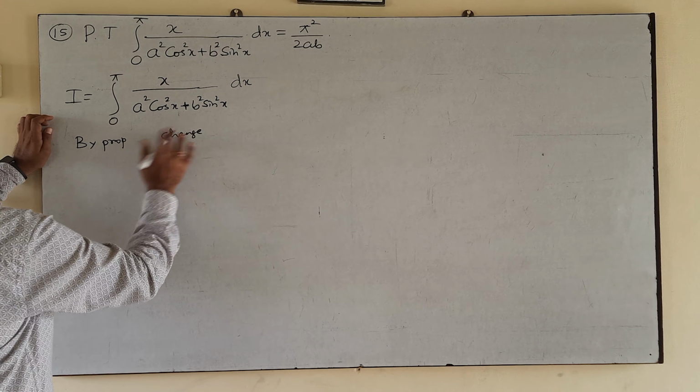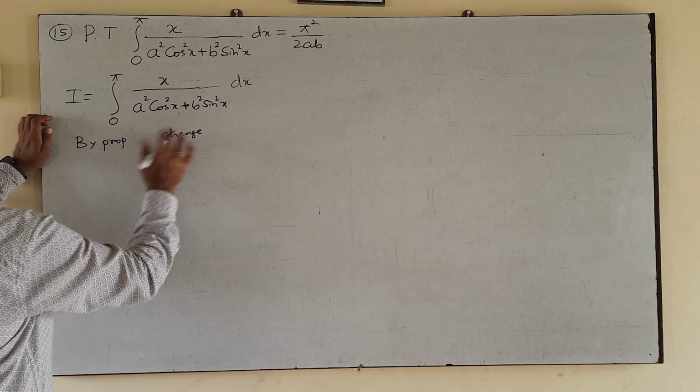That is 0 to pi, pi minus x divided by a square. Cos of 180 minus x is minus cos x using allied angle, its square cos square x plus b square. Sin of 180 minus x is sin x, its square sin square x with respect to x.